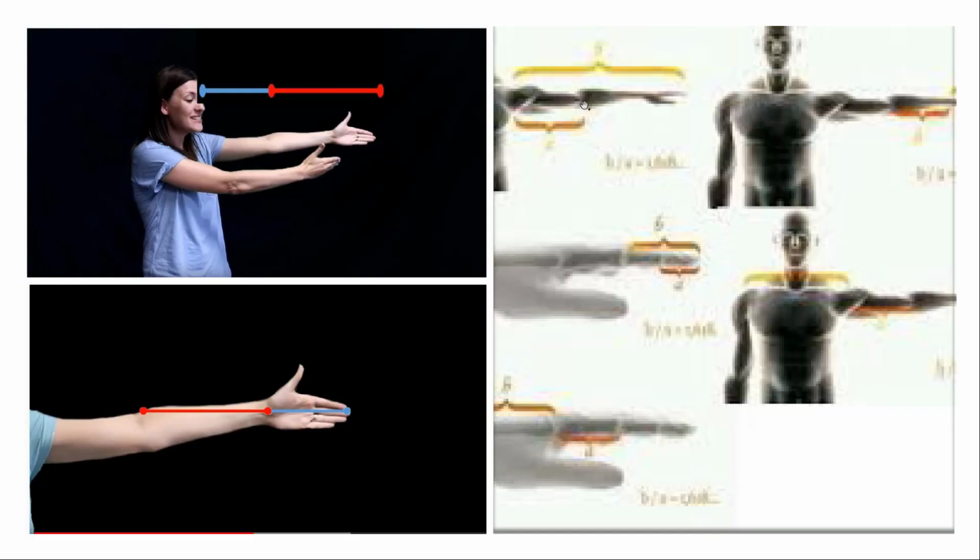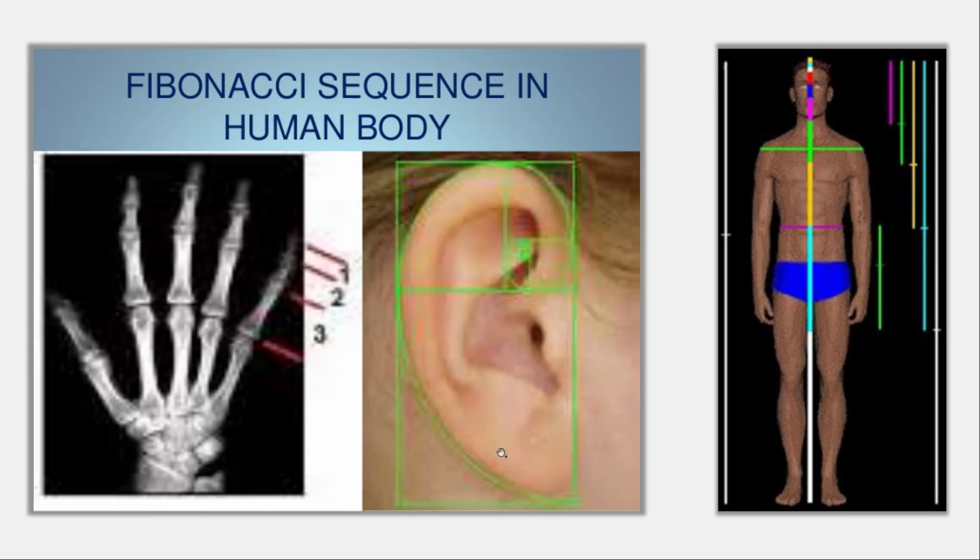Parts of your body break down from the relationship of the arm to the upper arm to the elbow to the fingertips. You can look at this same relationship, the 1 to 1.618, from the forearm to the hand. You can find this spiral form in the ear, in the measurements that go out through the phalanges, over and over and over again.